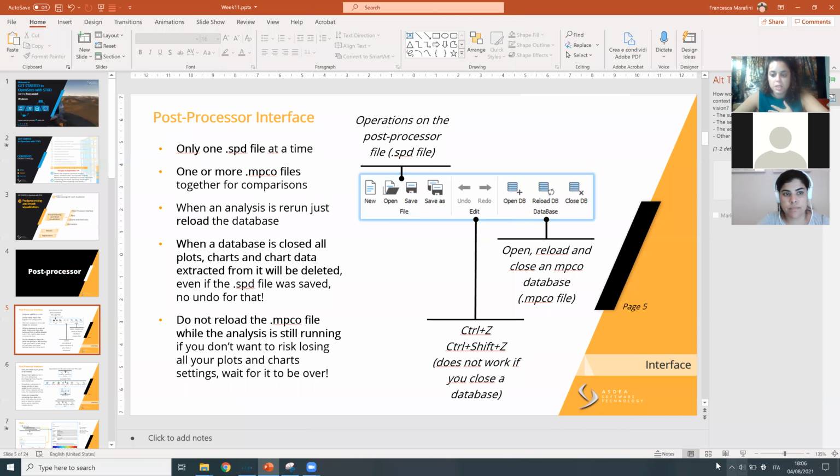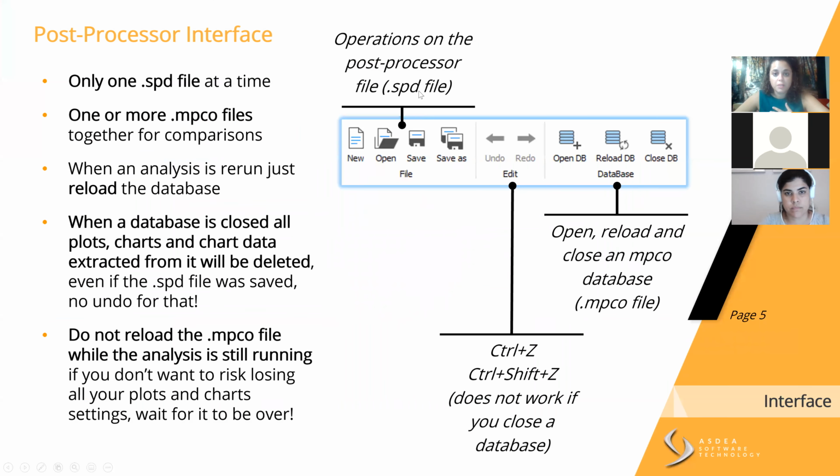So going back to the presentation, in the home tab, you can open and close a file. You can save the post processor file, which is called the SPD file. Once you've done a lot of modifications on a specific plot of your results, if you do not erase the database that's related to it, and you do not move the database from the folder in which it is saved, so you do not alter the reference that the SPD file has with that database, you can save your SPD file, and that will be kept as you defined it.